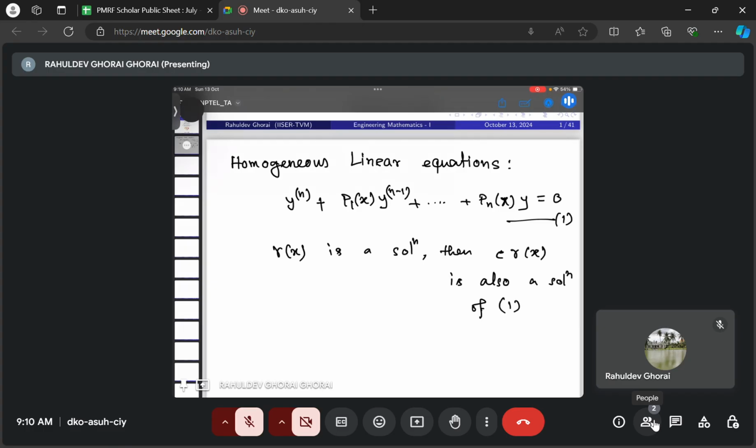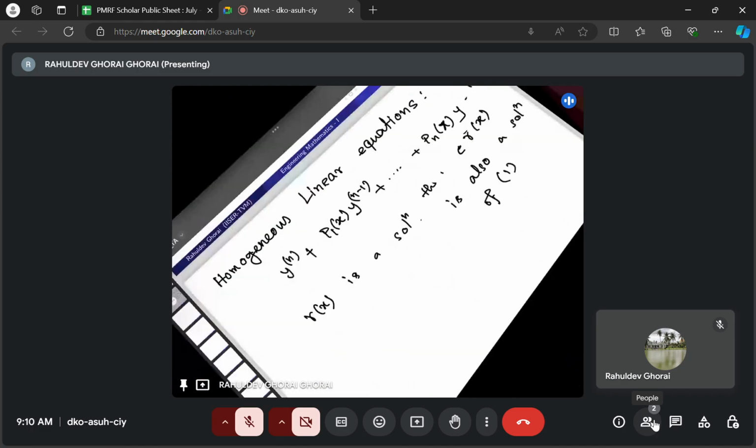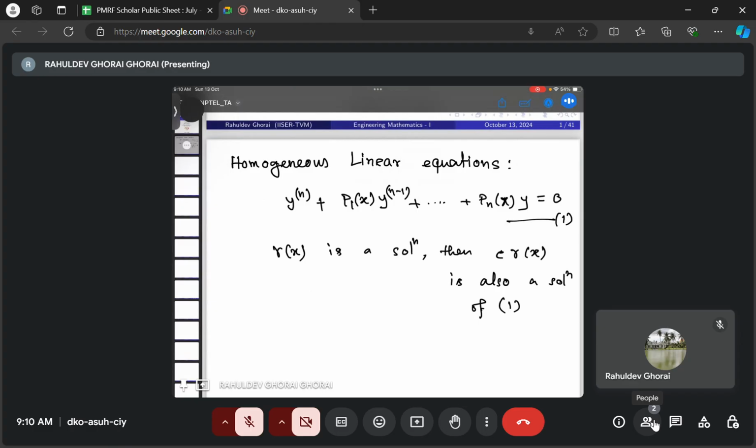When I say homogeneous linear equation, I mean homogeneous linear differential equation. We are doing differential equations, so even if I am not writing it, you have to understand that.